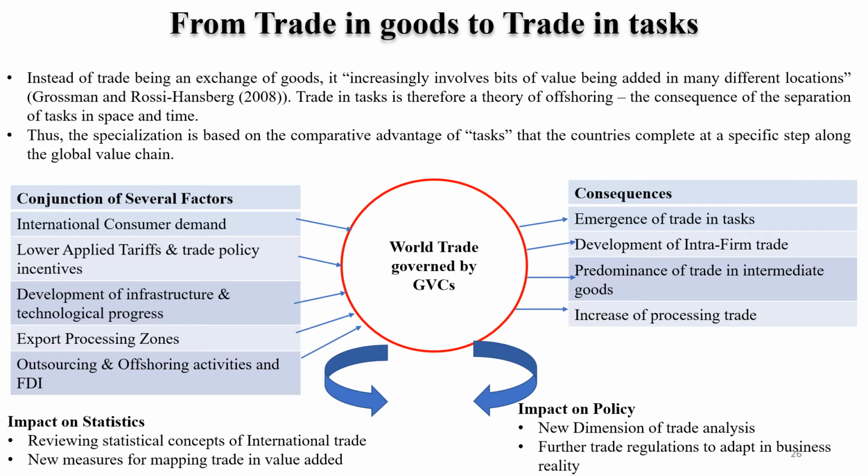What we have noted is that now, rather than goods, in the production process there are several tasks, and countries have comparative advantage in those tasks. We see super specialization in making components or intermediate goods. What the world has witnessed is basically a huge growth of trade in tasks.